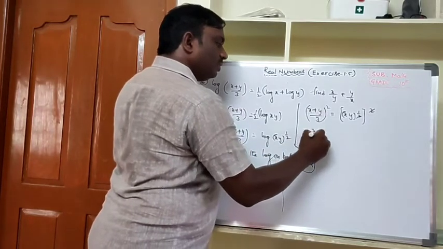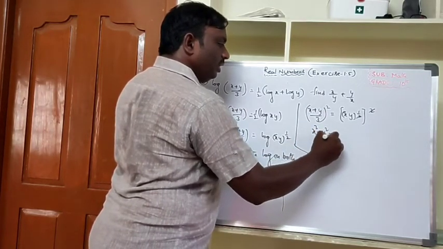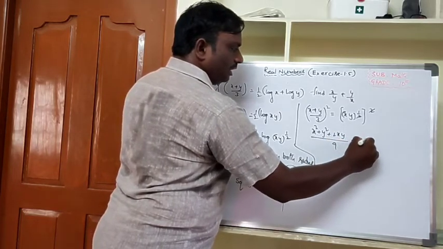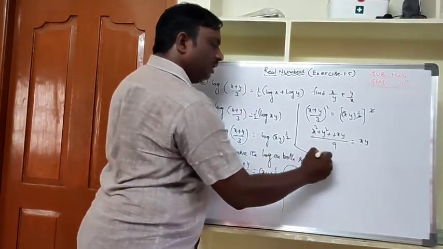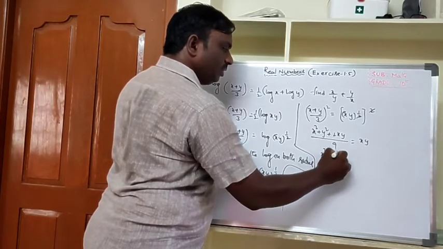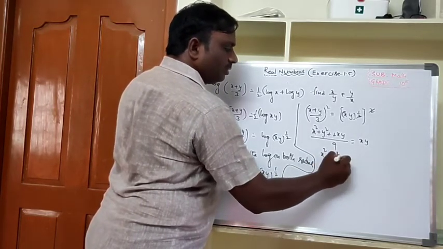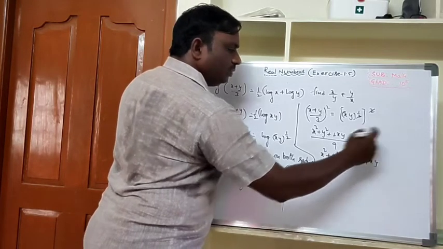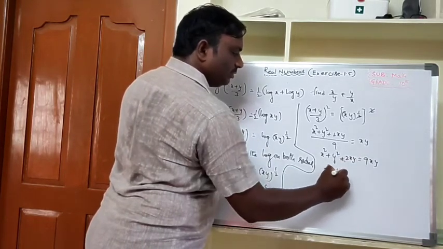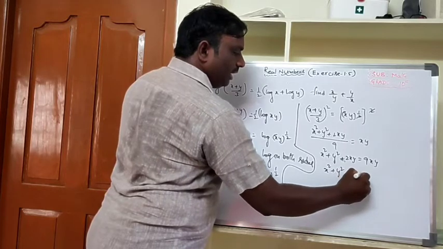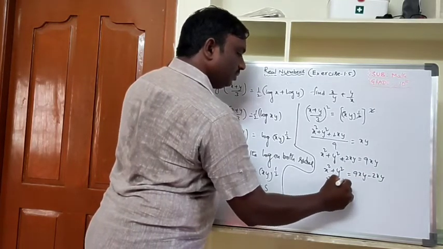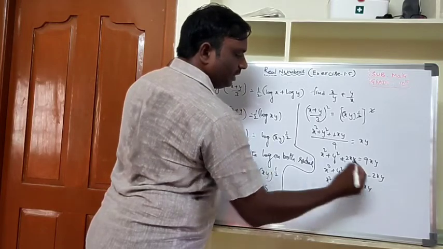This is (x plus y) whole square, x square plus y square plus 2xy by 9 equals xy. When you do the cross multiplication, x square plus y square plus 2xy equals 9xy. You can take 2xy to the other side, x square plus y square equals 9xy minus 2xy, that is x square plus y square equals 7xy.